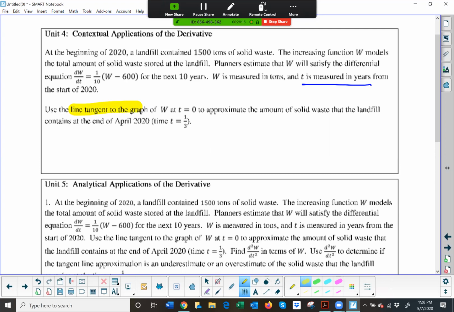Encourage you to go back, reread stuff. Where was that tangent line being written at? What's its ordered pair? And what's the slope? Those are the two things we must have for a tangent line.